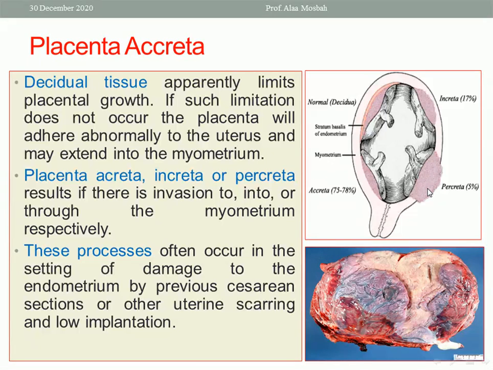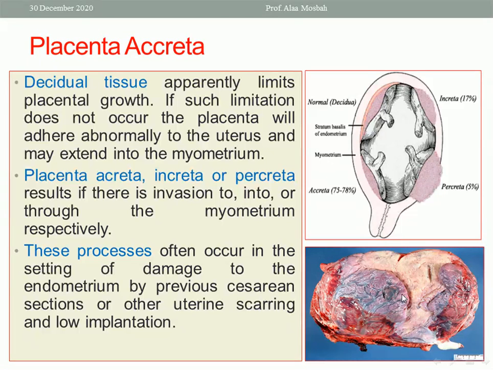It is one of the most dangerous complications in obstetrics, and it occurs especially if there are risk factors like previous cesarean section or a previous uterine scar due to myomectomy, ruptured uterus, or placenta previa. So the commonest risk factors are uterine scar and placenta previa.